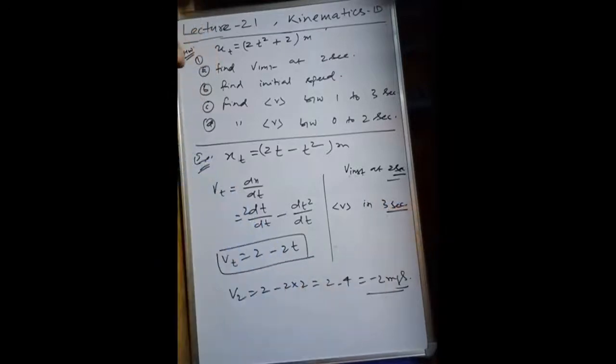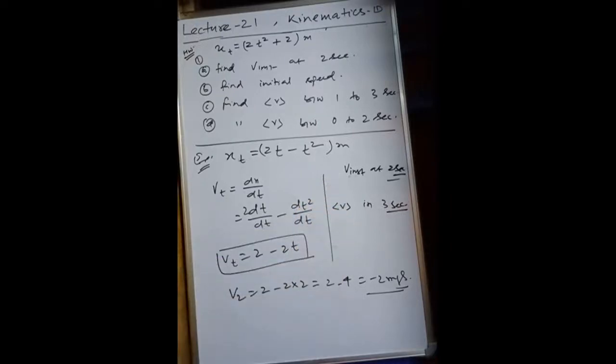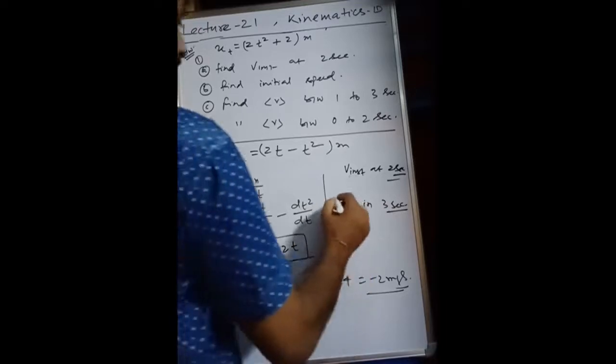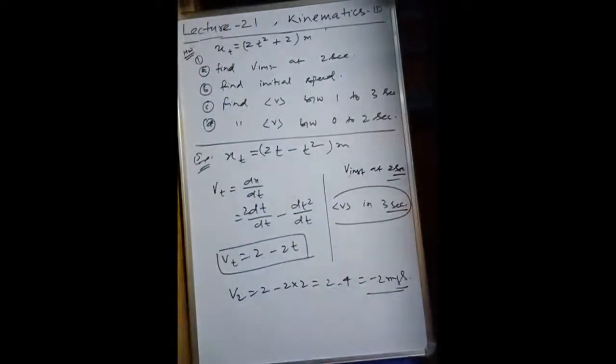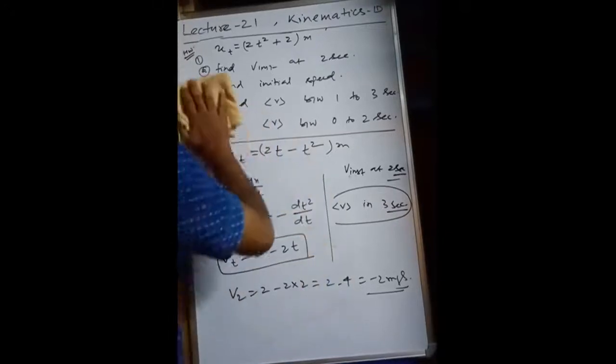Okay, this is the question. You have to find the average speed using this one in 3 seconds. How will you solve this question? Try to think, pause the video and try to solve this question if you can. Okay, now let me solve this question.